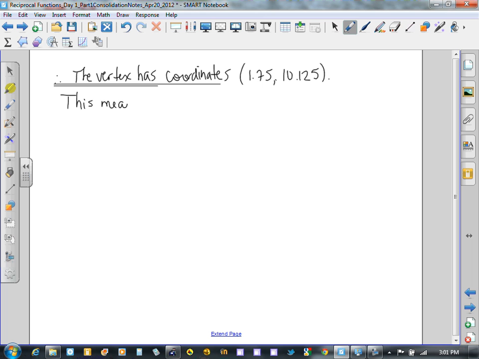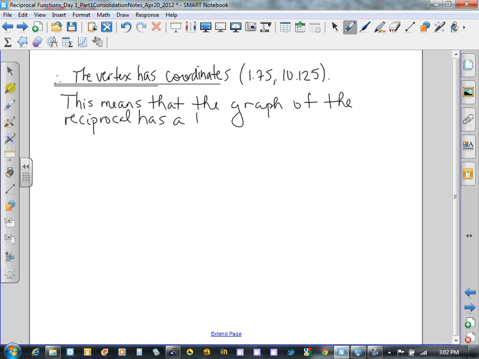This means that the graph of the reciprocal to this quadratic function has a high point at the same x-coordinate, and you can see that on the graph, but because it's a reciprocal function, it's going to have a y value for that point at the reciprocal of that y value.